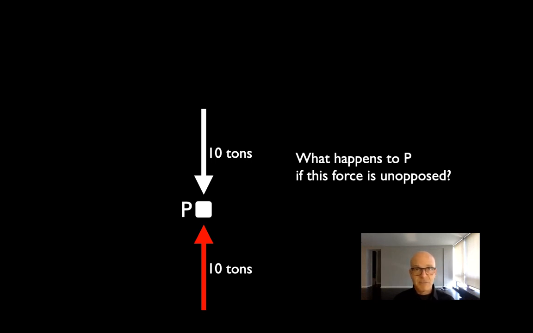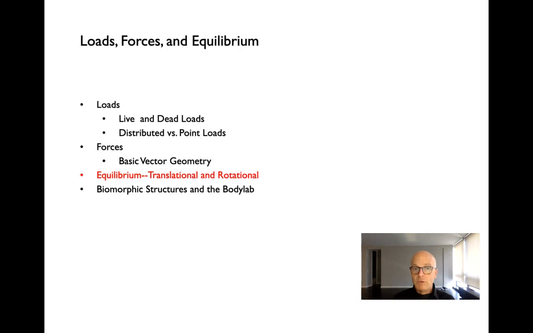And so in this simplest possible case, we have a state of equilibrium. P isn't going to accelerate up, it's not going to accelerate down, because the force that we're putting on it is met by an equal and opposite force. All right? We will stop there. We'll talk about equilibrium in more depth in the next video.